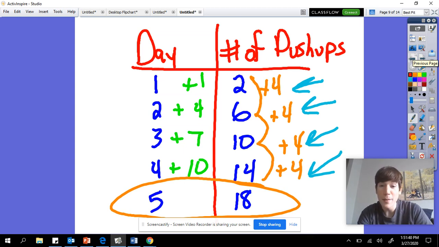Day 2, 4 times 2 is 8, minus 2 is 6. Day 3, 4 times 3 is 12, minus 2 is 10. Day 4, 4 times 4 is 16, minus 2 is 14. Notice that works every single time. So we could use that pattern to generalize this pattern. Think about that as we go into the activity that I'm going to give you, where you're going to be trying to do something very similar on your own.